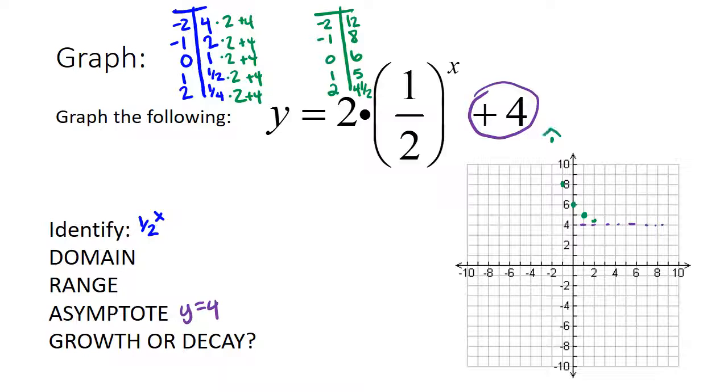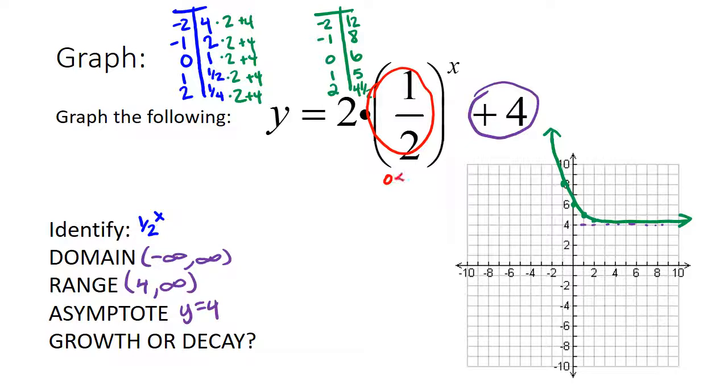So as I graph, don't forget your arrows, but you need to show that extension along the asymptote. Our domain is always negative infinity to infinity because it's forever left, forever right. Our range is 4 to infinity, low to high. And in this case, our base is between 0 and 1. Therefore, it is decay. That is the rule.